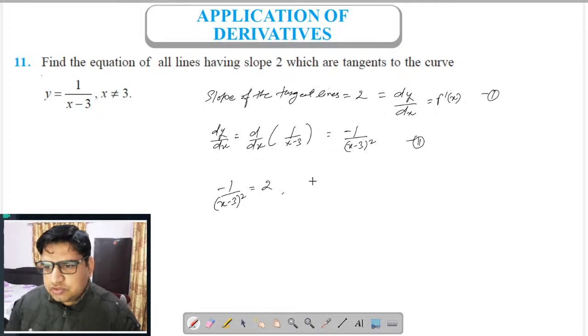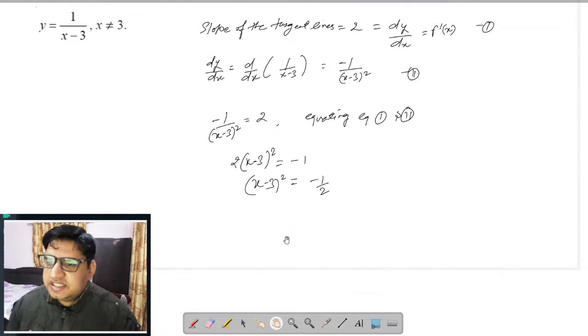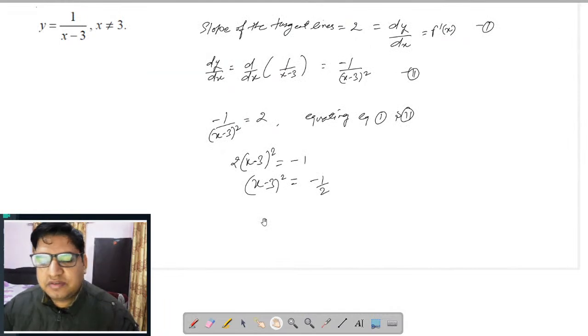Equating equation 1 and 2, x minus 3 square into 2 is equal to minus 1, which is x minus 3 square is equal to minus 1 by 2. As you can see, that is not possible, because we cannot have a negative value as the square of a real number.